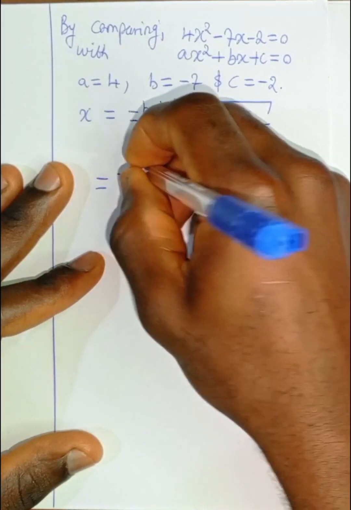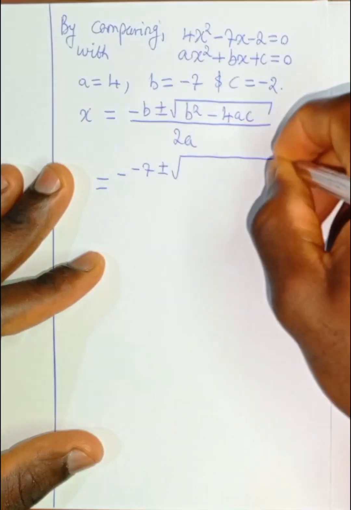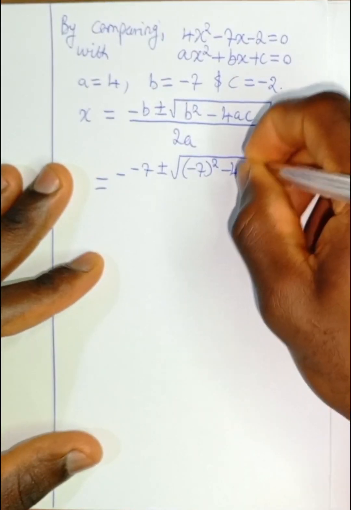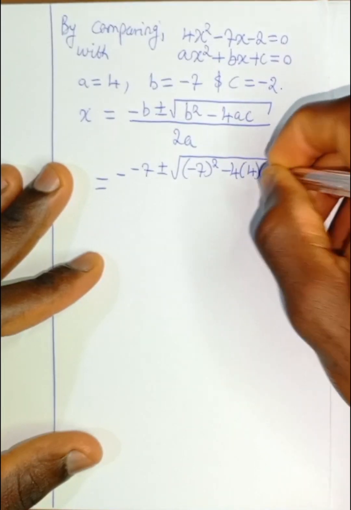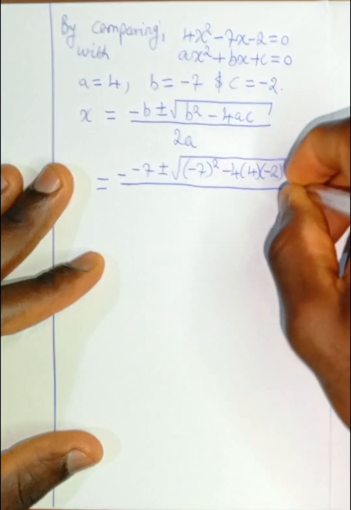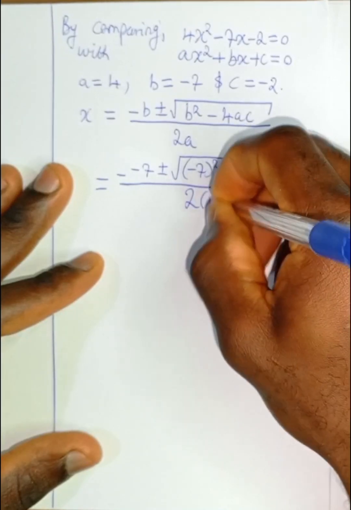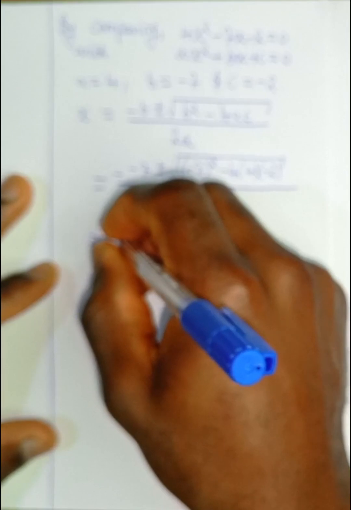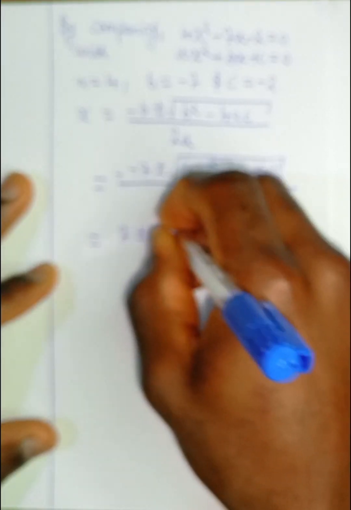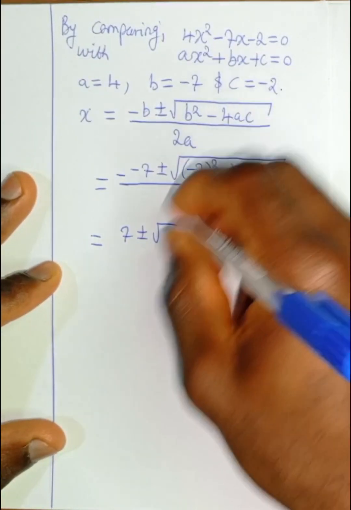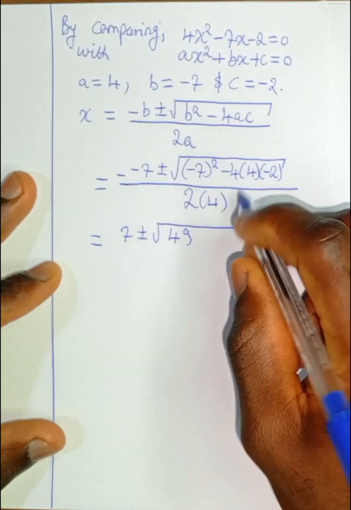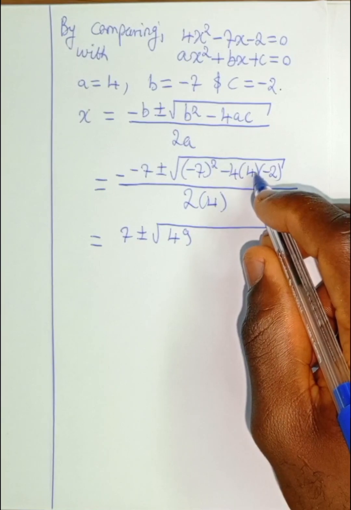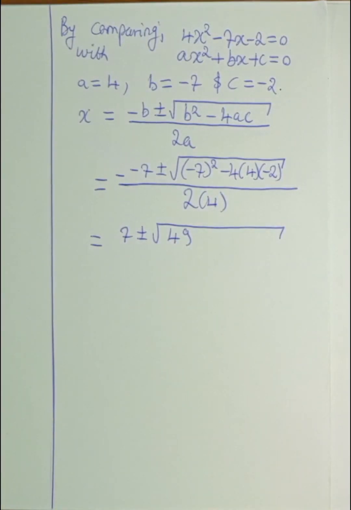This will give us negative 7 plus or minus the square root of negative 7 squared minus 4 times a, which is 4, times negative 2 all over 2 times a, which is 4. This will simply be equal to negative gives us positive 7 plus or minus the square root of negative 7 squared gives us 49. Negative 4 times 4 gives us negative 16.